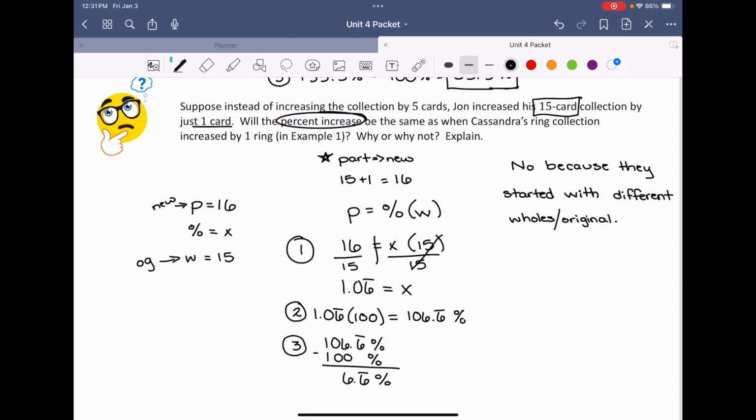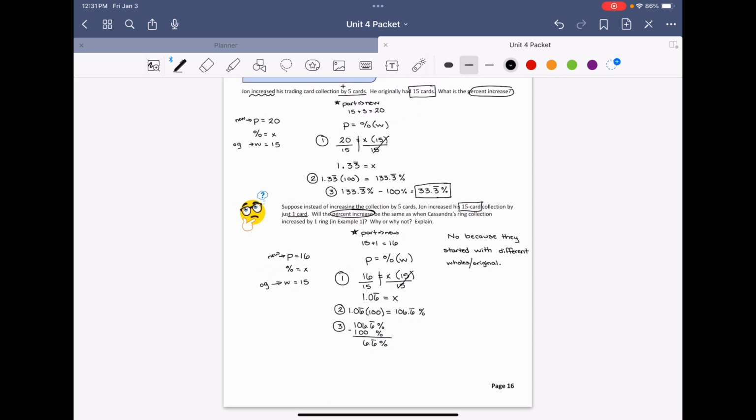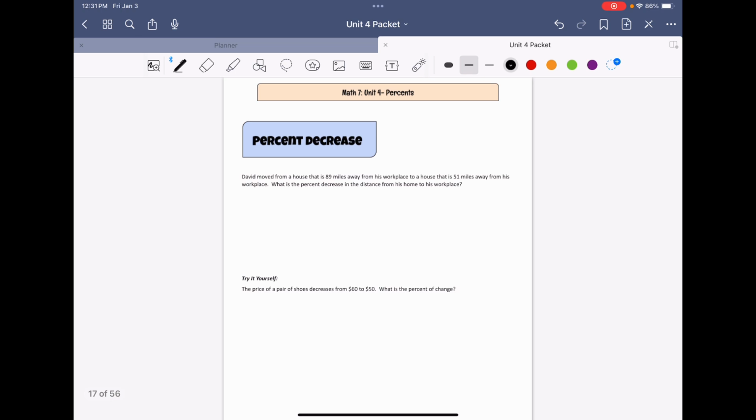So the value you have for your original determines everything else that you're going to get. So we have to be very careful how we're setting up the problem based on that amount. Okay? All right, let's go to the next page.